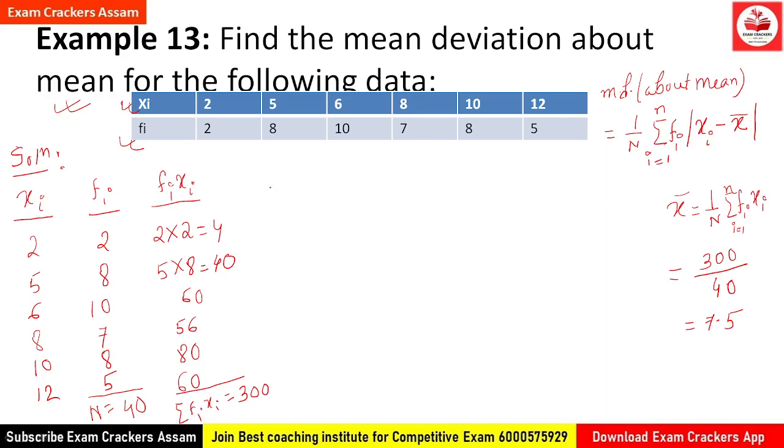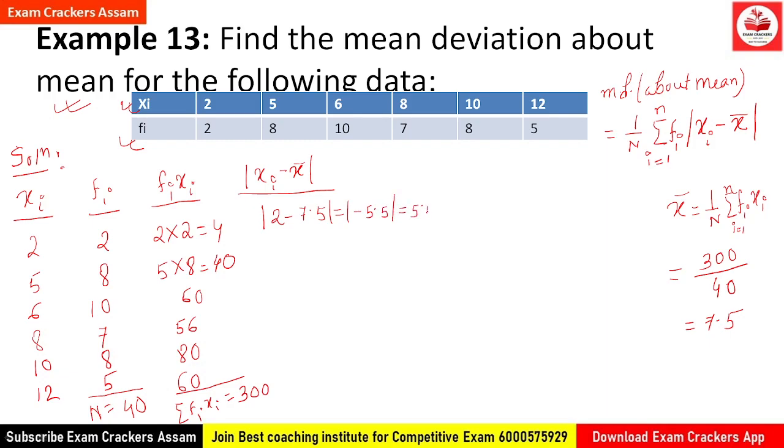Now after getting this value of x bar, it is easy to calculate mean deviation, right? First we need modulus of xi minus x bar. Okay, so first one will be mod of x1 minus x bar. What is your x1? x1 is 2. 2 minus 7.5, that is mod of minus 5.5, and what is the value?